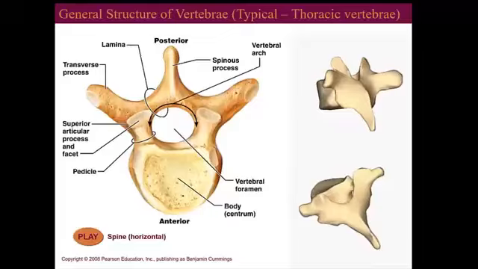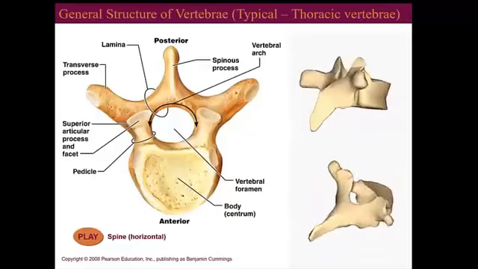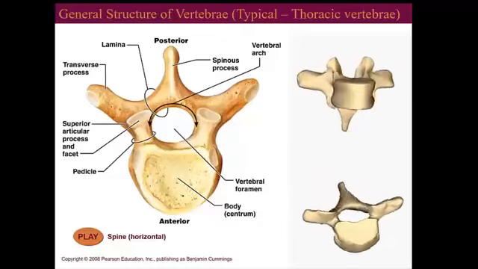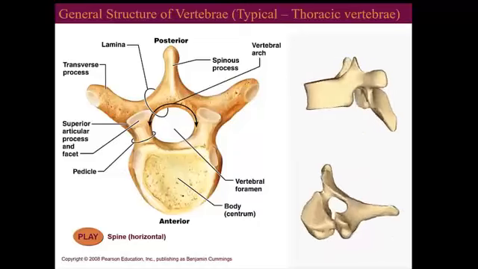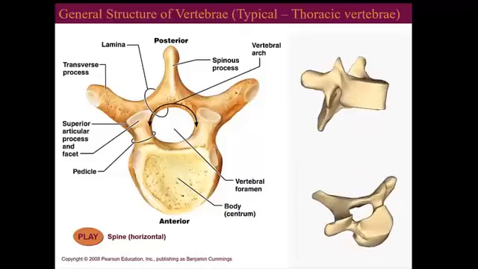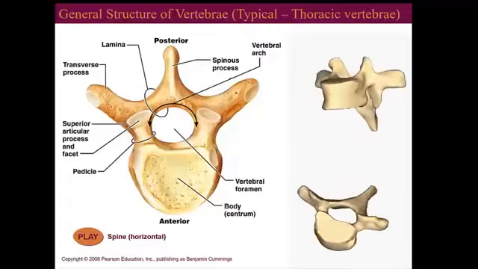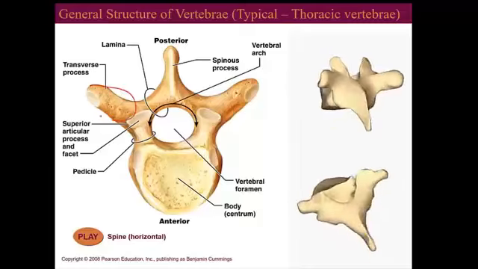Now, this is the picture of a typical vertebra. If we study the different parts of the vertebra, we're going to use the thoracic vertebra as a template. All the things that you see here are things that you would see on the different parts of the vertebral column. The first one is the projections. Take a look at the projections to the side of the vertebra.